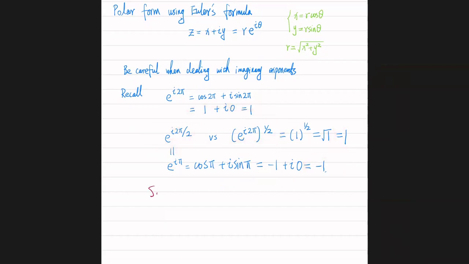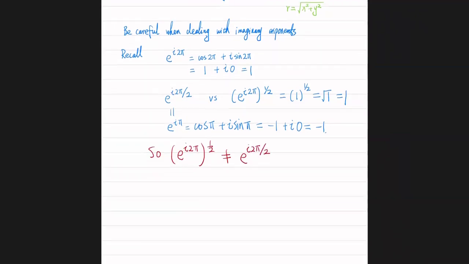More generally, e^(iθ) to a fractional power is not the same. Be very careful.